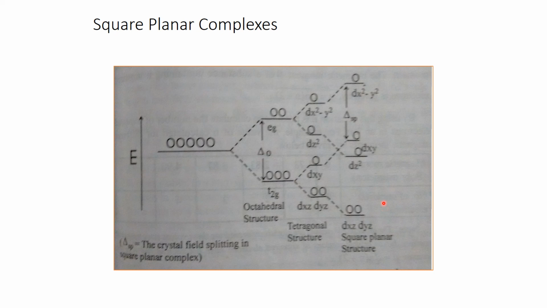That represents a square planar structure. That is, we obtain a square planar structure when the tetragonal distortion proceeds sufficiently. In the first case, on splitting d orbitals, we get an octahedral structure, and in the second case, due to Jahn-Teller distortion, we get a tetragonal structure. Due to strong distortion, we get a square planar structure.